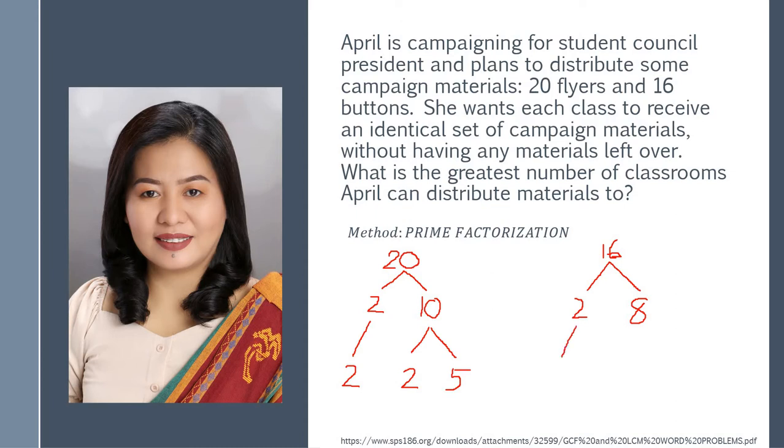We bring down 2. We will have 2 again because 8 is divisible by 2, and then we have 4. Then we bring down 2, and the factors of 4 are 2 and 2.